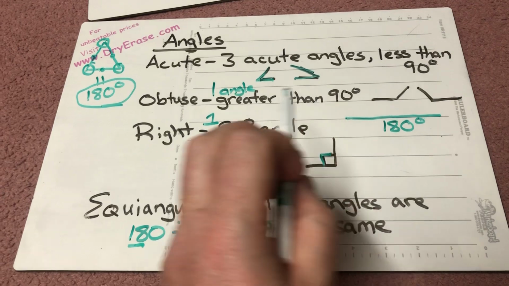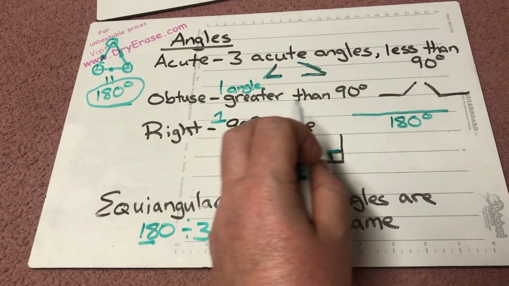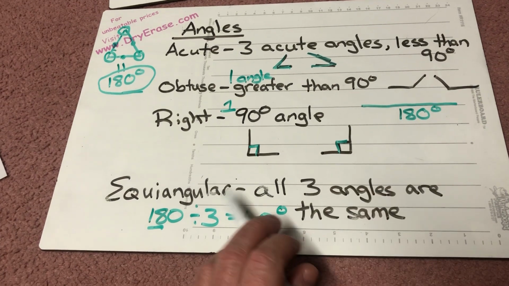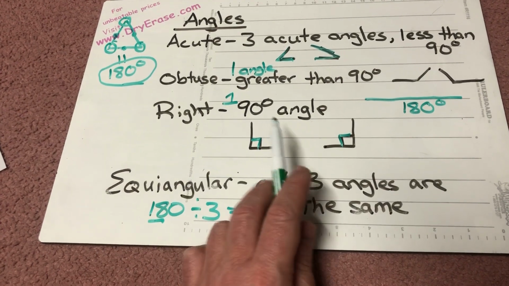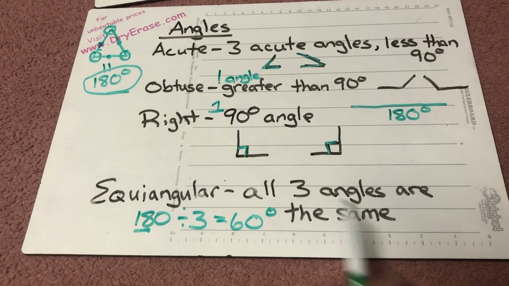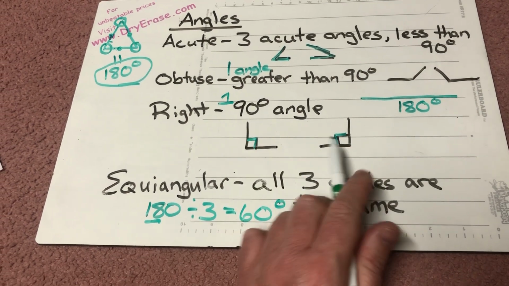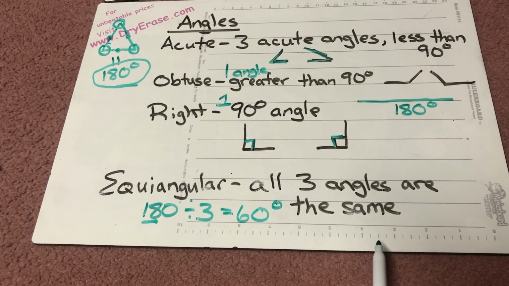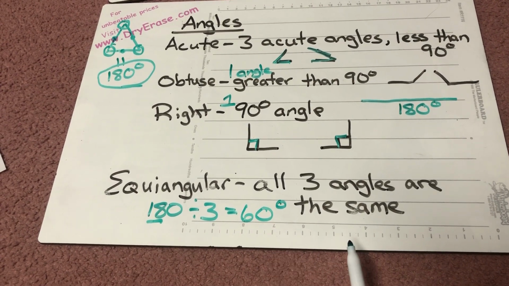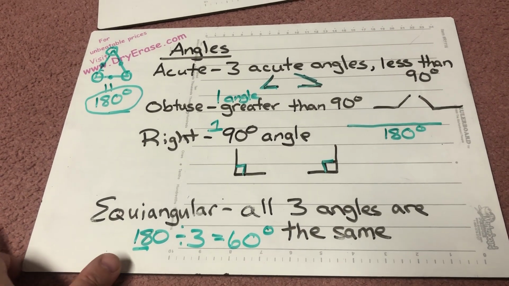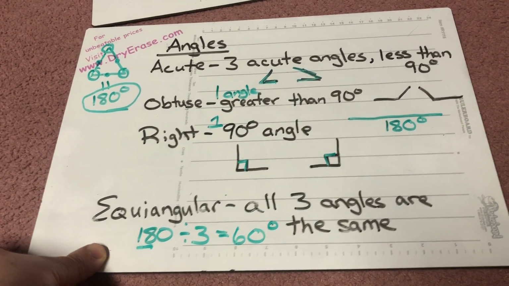Acute with 3 acute angles, obtuse with one of the angles being an obtuse angle, which is greater than 90 degrees, or a right triangle where one of the angles is 90 degrees, a right angle signified by those boxes. And we also have equiangular, in which all 3 angles are the same. And we did the math to figure out that would be 60 degrees. All right, so you're going to want to have that somewhere where you can refer to it.